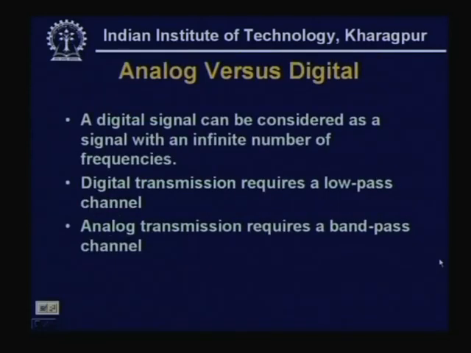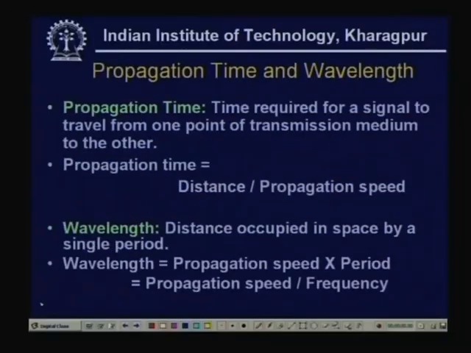Now, whenever we are sending an analog signal, the bandwidth is restricted within a certain range. On the other hand, whenever we are sending a digital signal, bandwidth is very large. So, this can be represented in two forms.